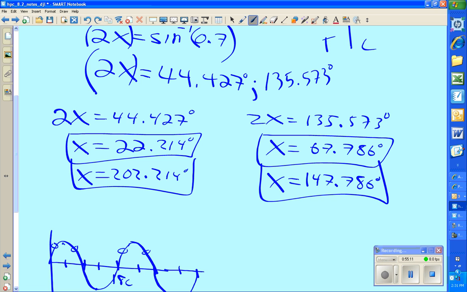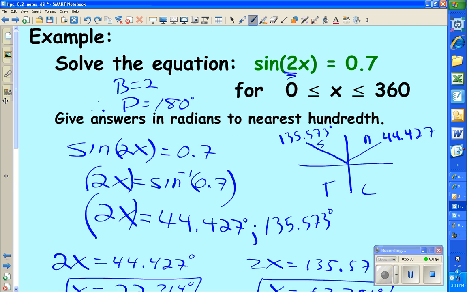If you add 180 to the 202, out of bounds. If you add 180 to the 247, out of bounds. So we don't have to add any more. But there are 4 answers for this problem. And you can take any one of those answers and plug it back in here, and you should get about a 0.7 when you do the sine.